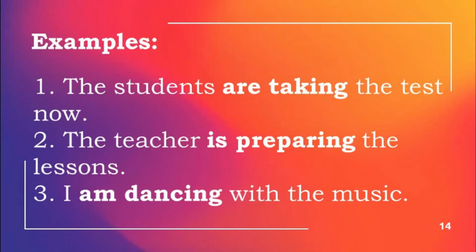The students are taking the test now. We have plural subjects, students. Our verbs are taking. So since we have plural subjects, we use are plus the ing form of verb take.